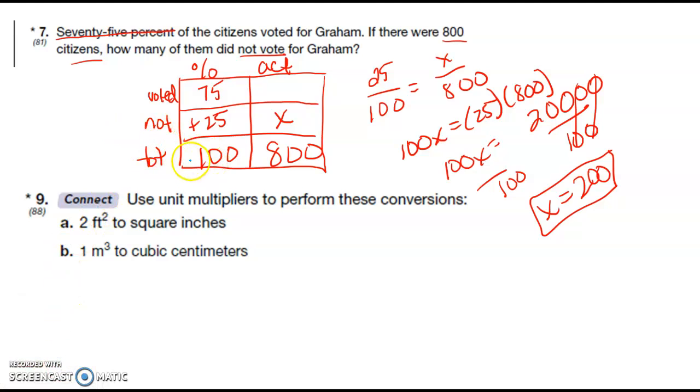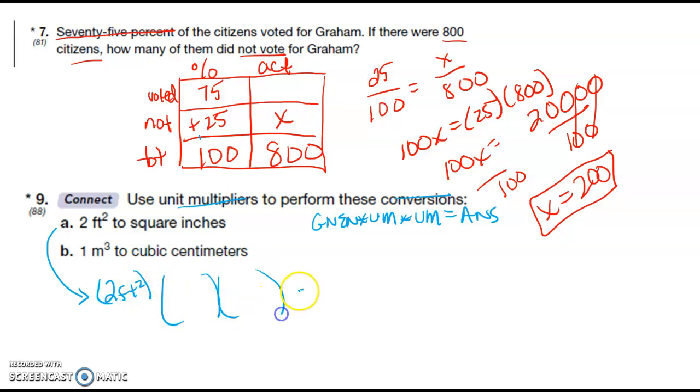Okay, use unit multipliers to perform these. So we're going to use our given times our unit multipliers, probably more than one, to get our answer. So for A, I have 2 feet squared. And I know I'm going to have at least 2 of these to get to inches.